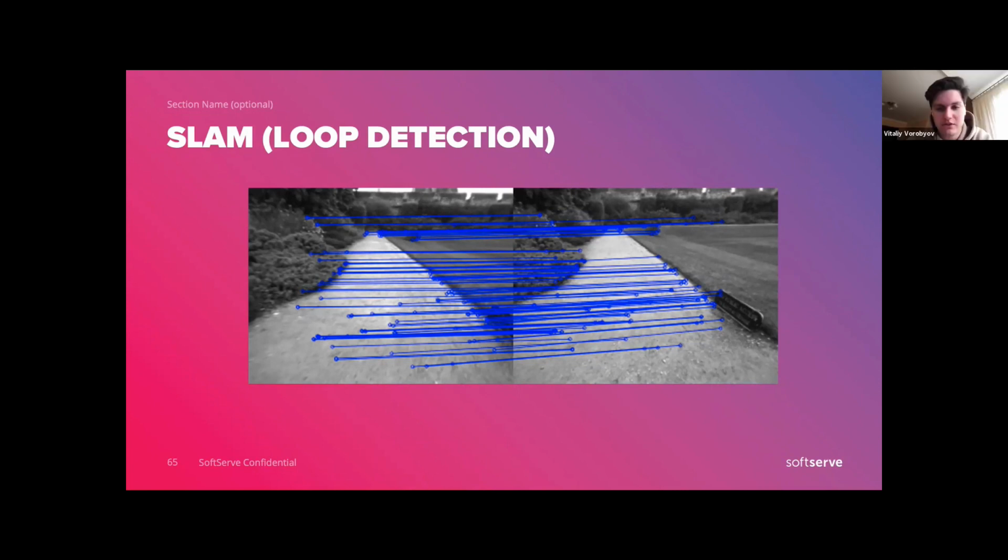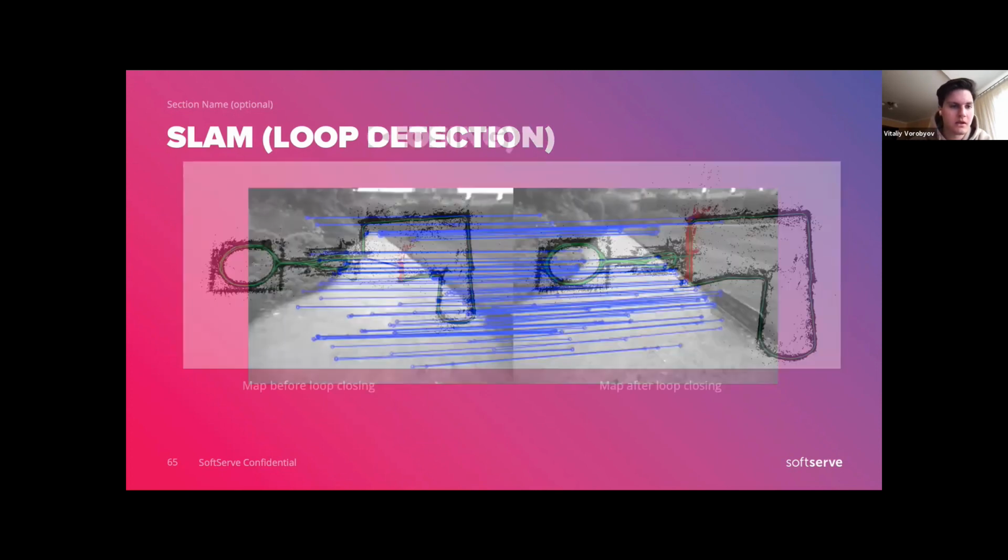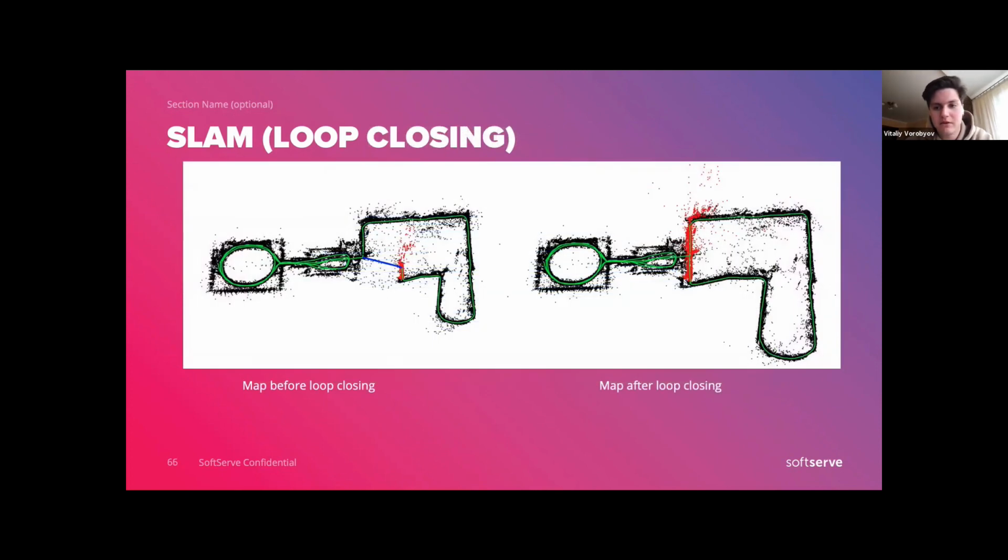If the similarity exceeds a threshold, the algorithm knows that the user returned to a known place, but inaccuracies on the way might have introduced an offset. By propagating the coordinate correction across the whole graph from the current location to the previous place, the map is updated with the new knowledge. And that is actually how the last step of SLAM works, which is loop closing.